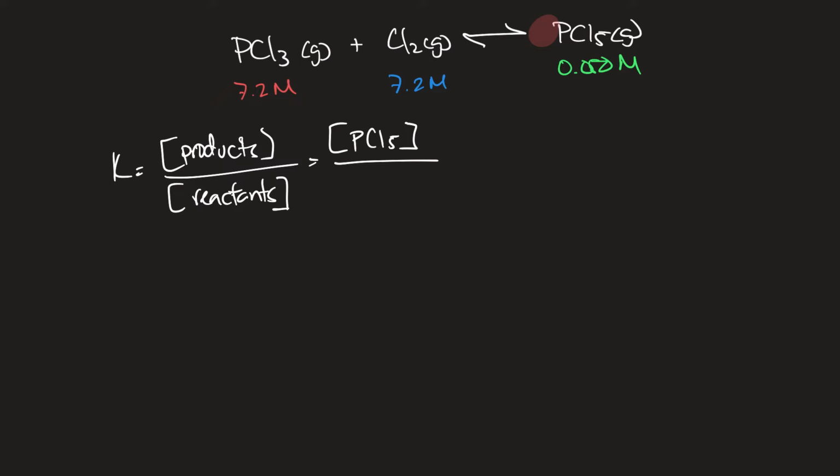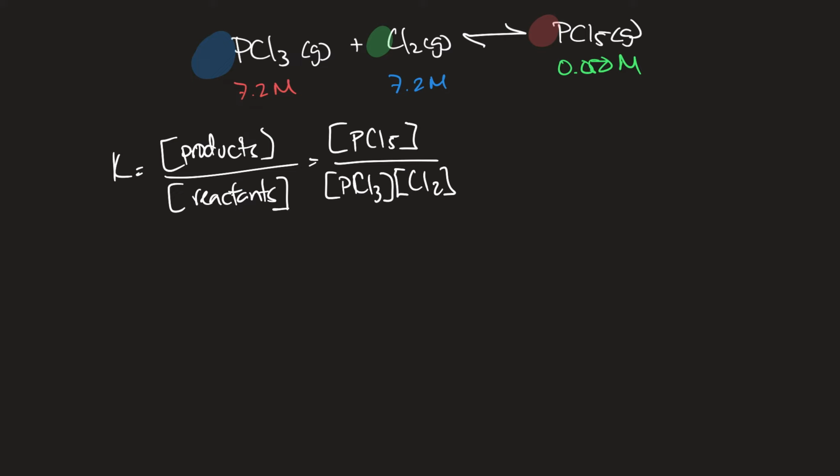Over the concentration of PCl3, whose coefficient is 1, so it's to the first power, times the concentration of Cl2, or chlorine, and once again its coefficient is really just 1 as well.